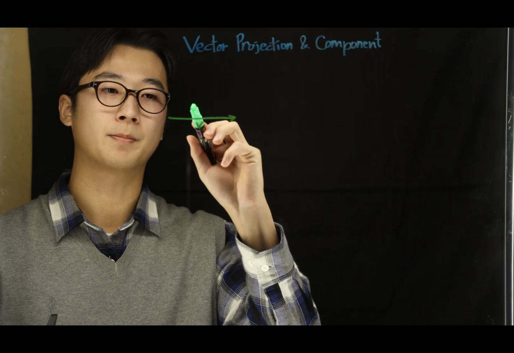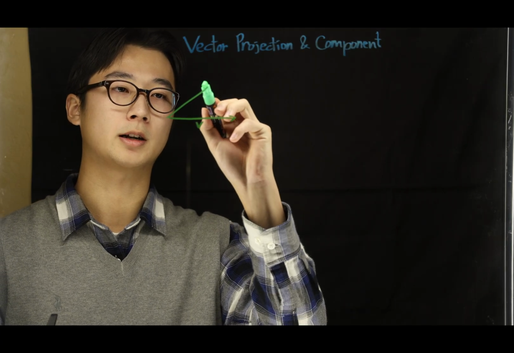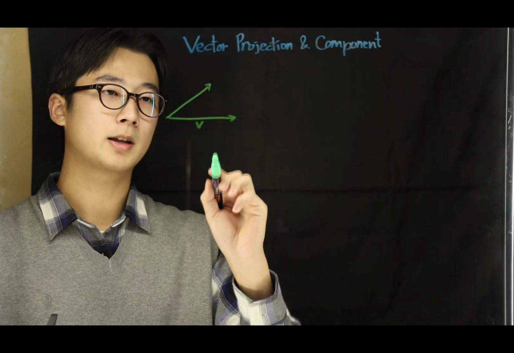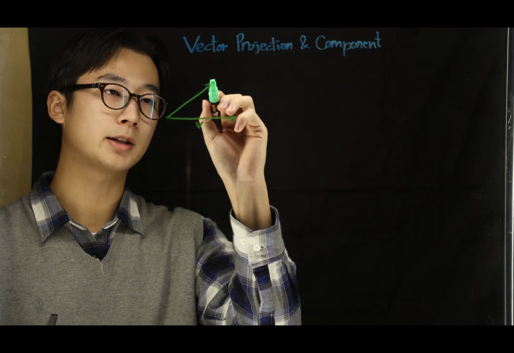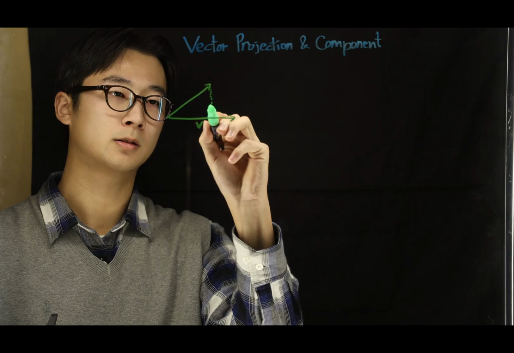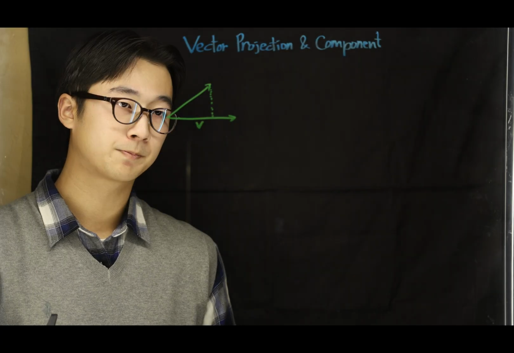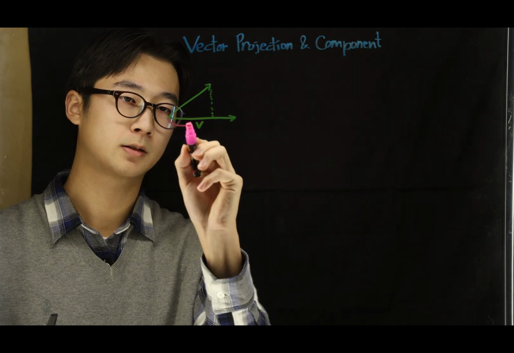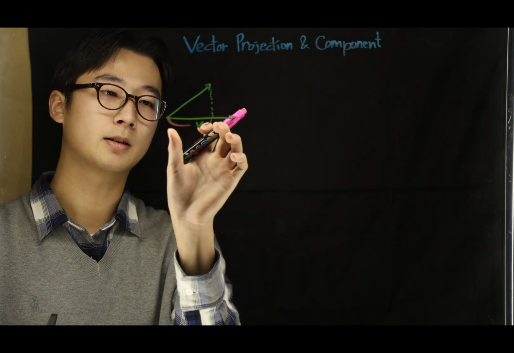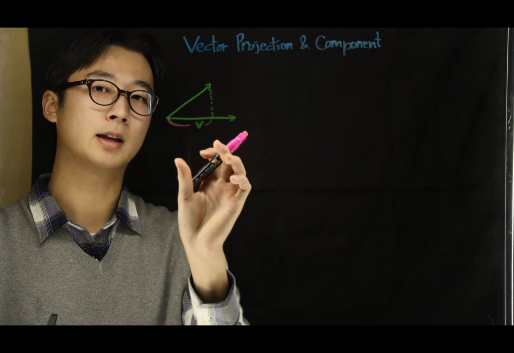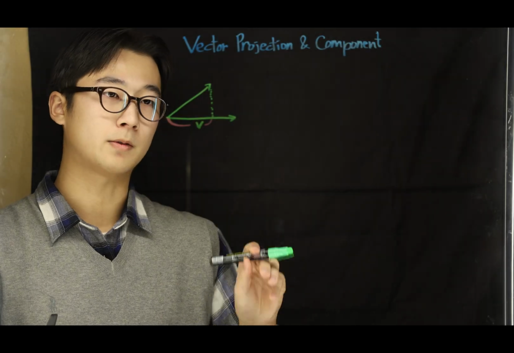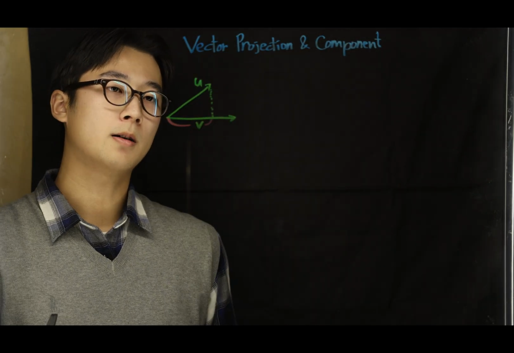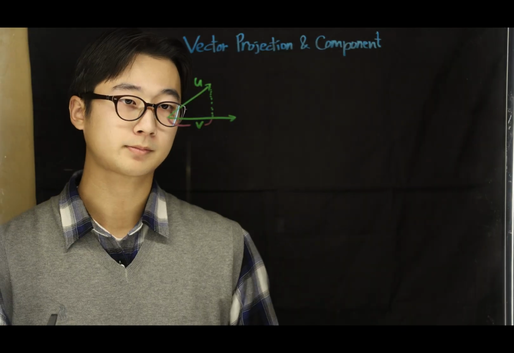And there's a vector u, in this direction. And we are only interested in this part, only this part. This is the vector projection or vector component of u onto v.